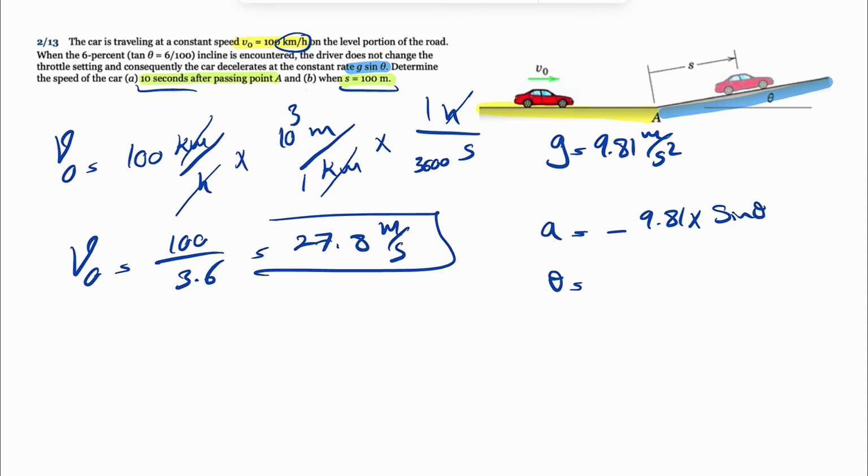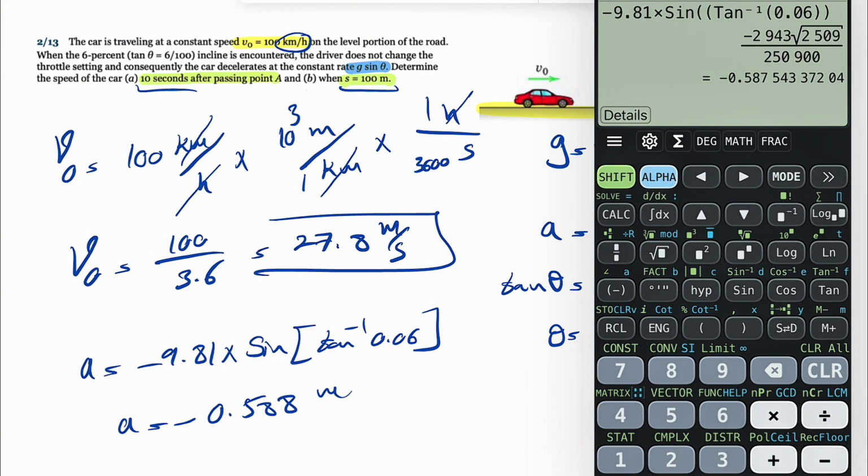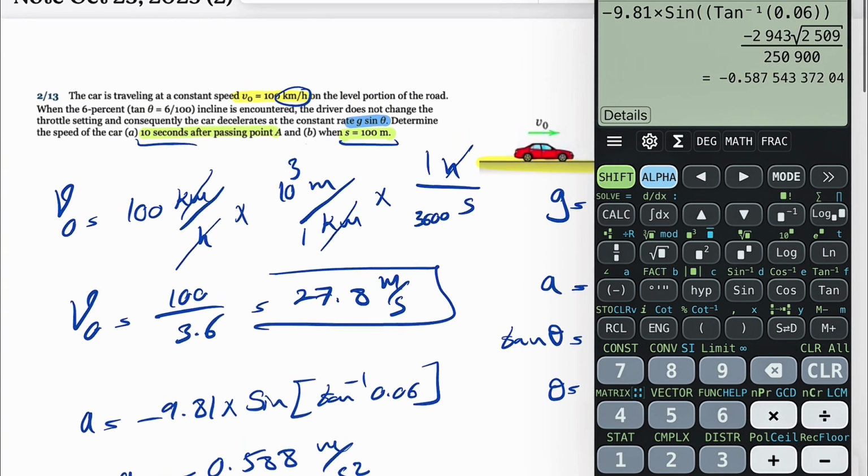We know tangent of theta is 6%, so 0.06. So theta would be tangent inverse of 0.06. So let's just figure out the acceleration. Negative 9.81 times sine of that angle gives our acceleration, negative 0.588 meters per second squared.